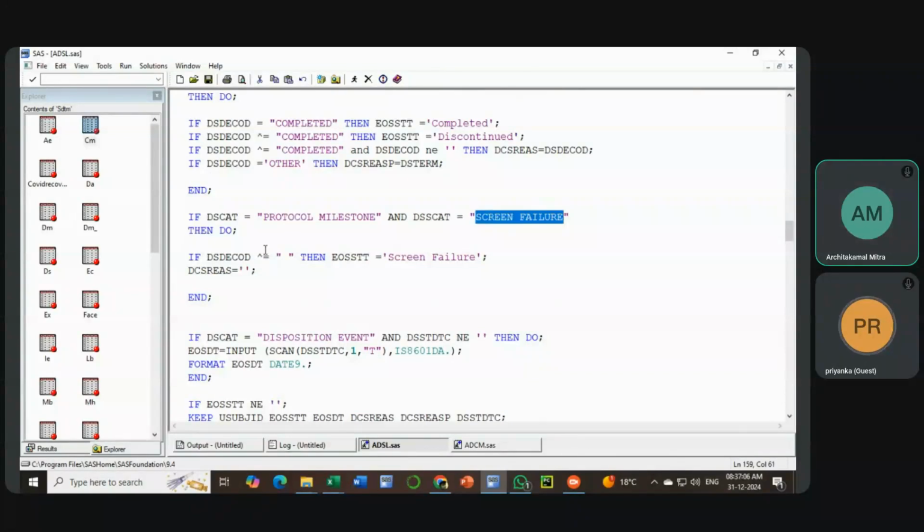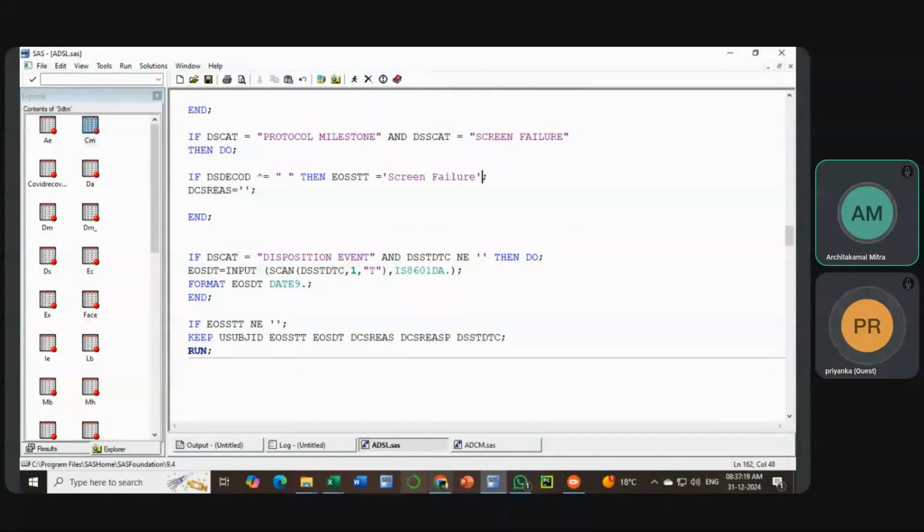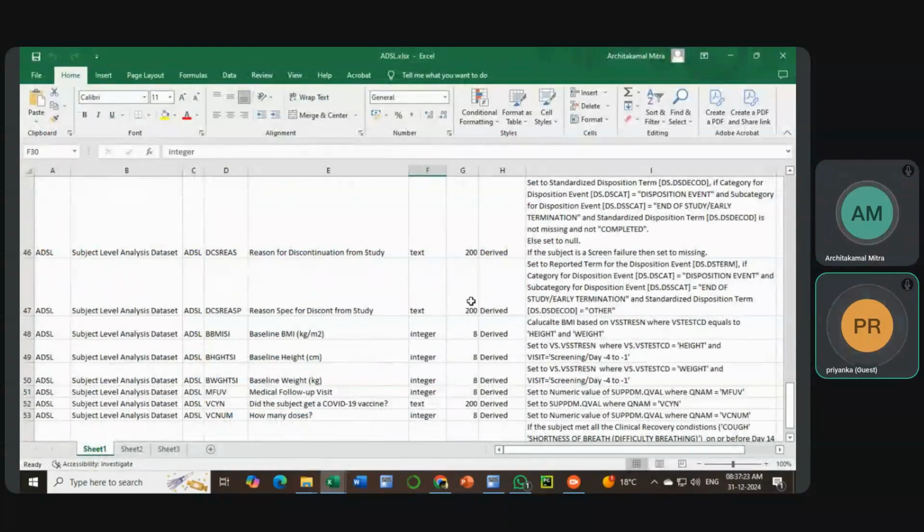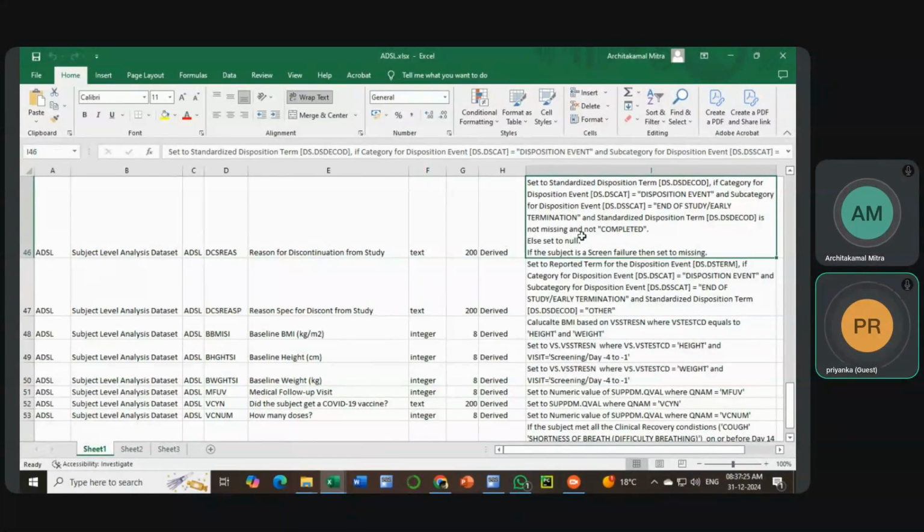Then if DS decode is not equal to null, then EOSSTT is screen failure. And discontinuation reason is null since it's only a screen failure. This is based on the logic which we have here: if the subject is a screen failure, then set discontinuation reason to missing.